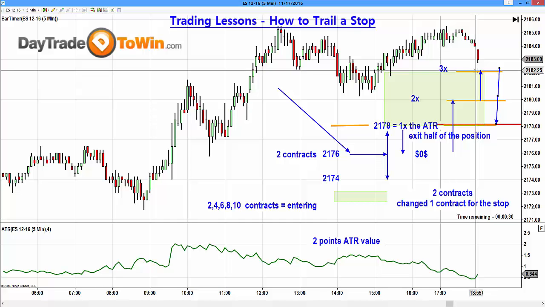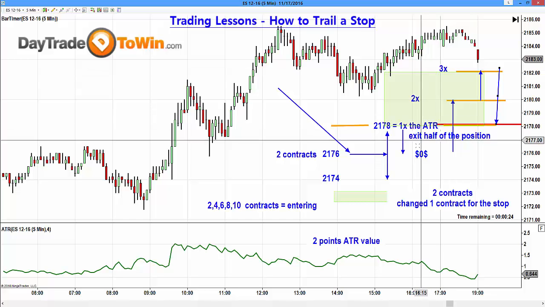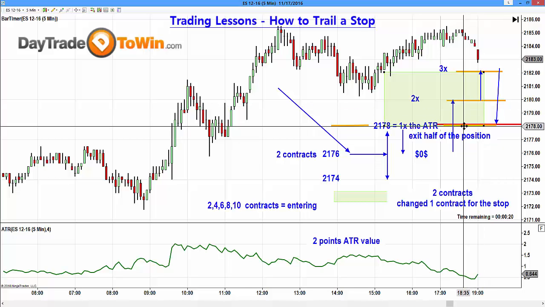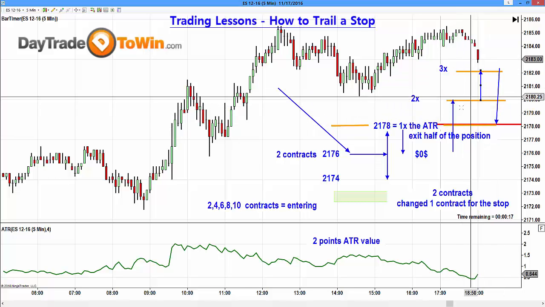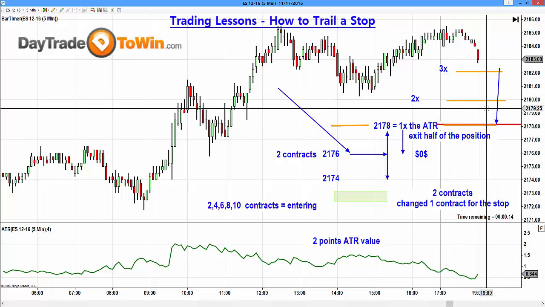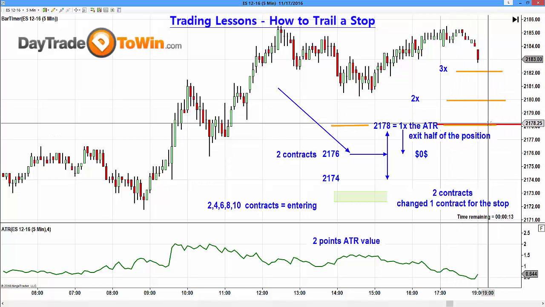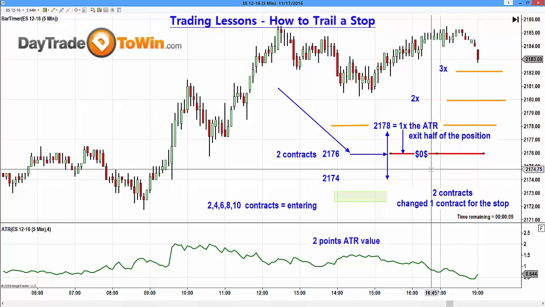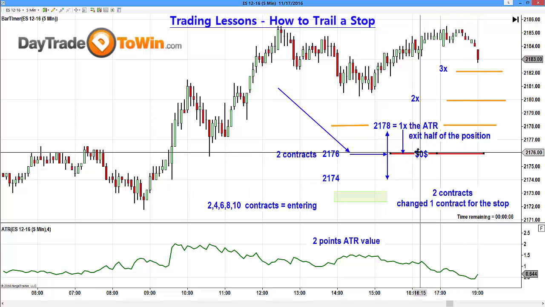That's 8 points total. I don't know about you guys, but I think 8 points is fantastic. Even 6 points is fantastic on one trade. So don't look for it to move that 30-point day where it's just going to keep on going and going. They're very few and far in between, and typically they don't occur when you want them to occur. Or the market may be very volatile, and you have to have very large stops.